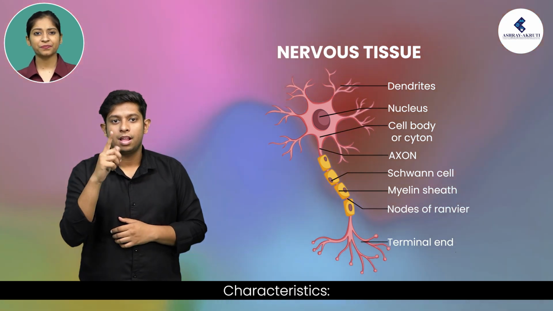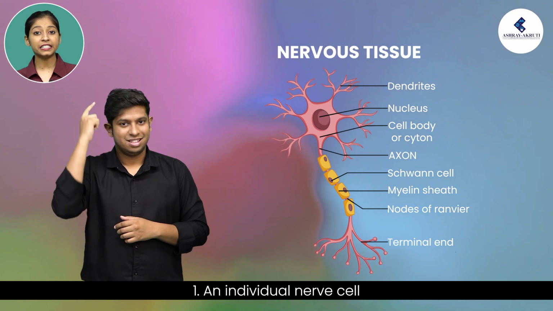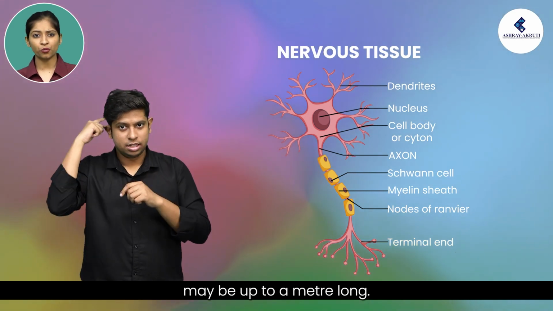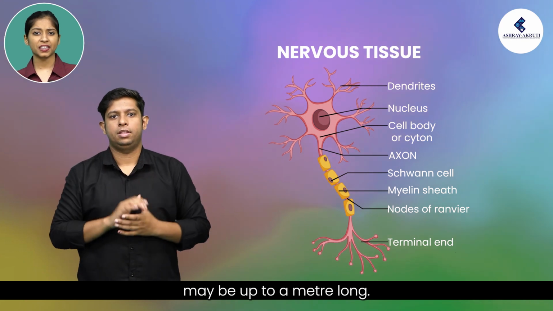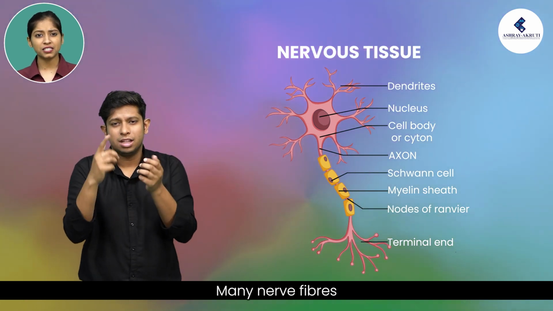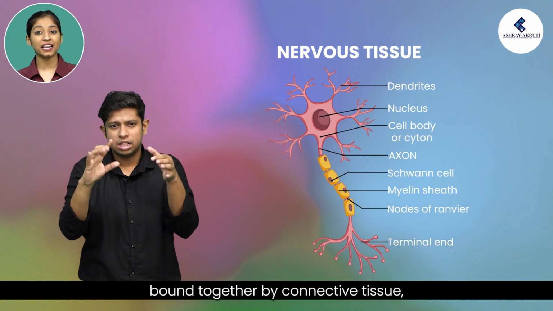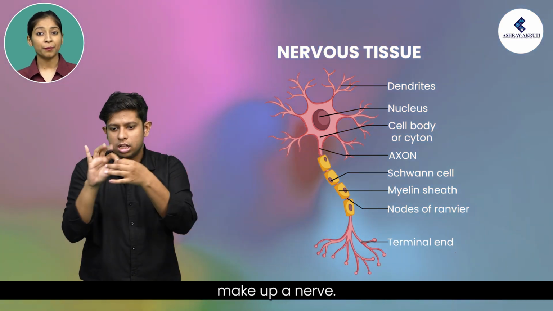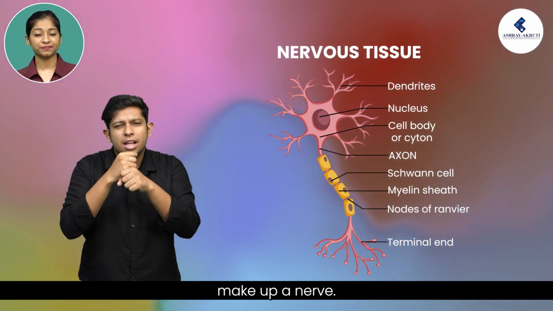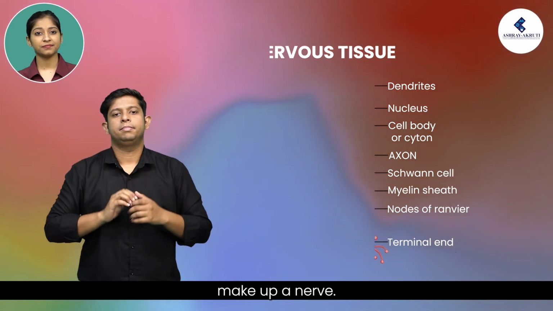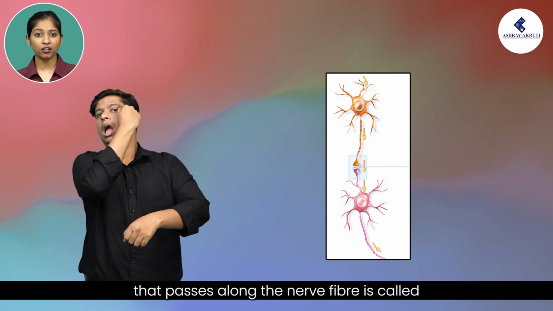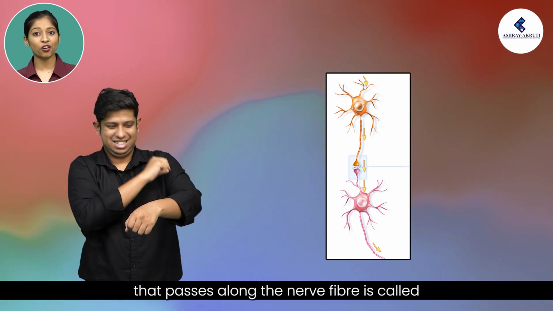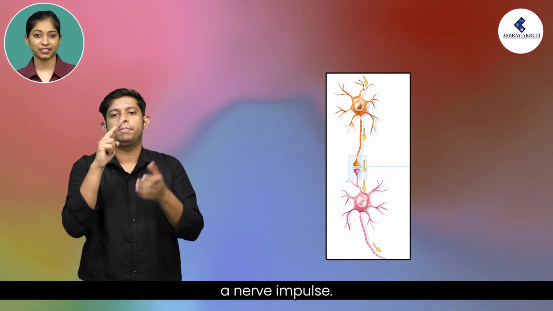Characteristics. An individual nerve cell may be up to a meter long. Many nerve fibers bound together by connective tissue make up a nerve. The signal that passes along the nerve fiber is called a nerve impulse.